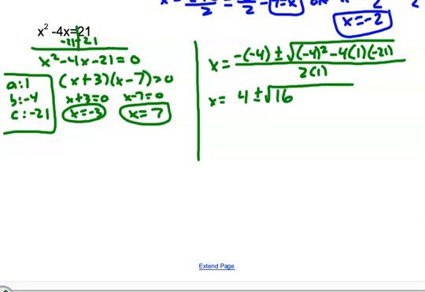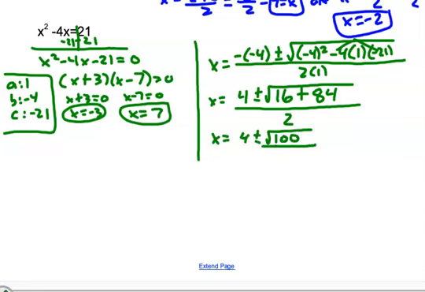Once again, we get a negative 4 and a negative 21. We have two negatives, which means we have a positive. Okay, an even amount of negative numbers right there will give you a positive number. So this is just going to be 84 all over 2. So we have that x is equal to 4 plus or minus the square root of 100 over 2.